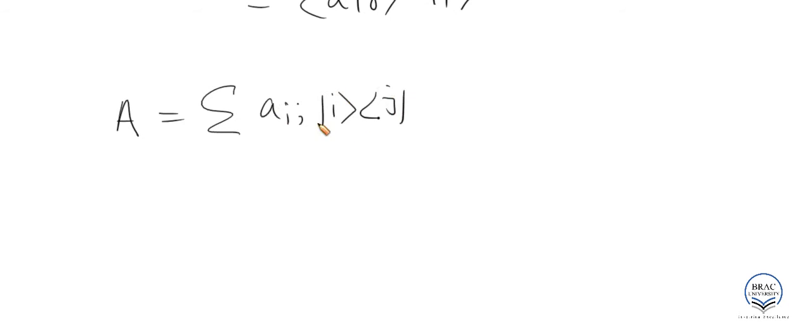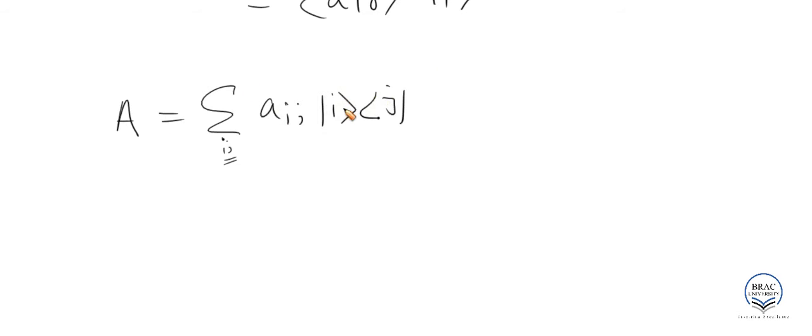So if you want to construct this operator, let's say A, in terms of the bases, you just need to write A_ij. This is the ith row and this is the jth column, and you have a sum over these things.